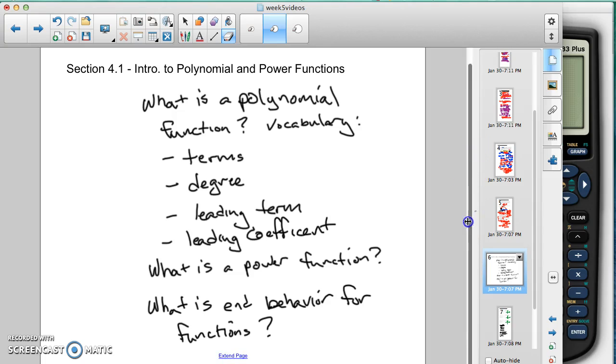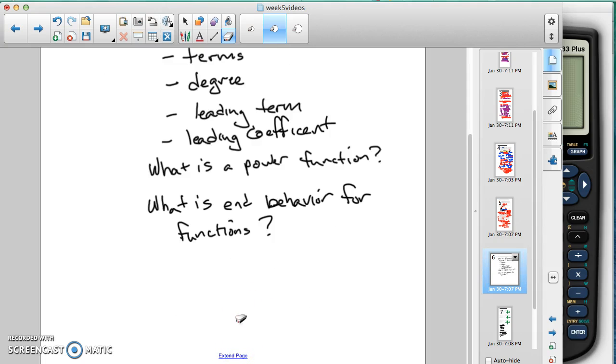Well, a polynomial function is a function that has variables to integer powers, and they have to be positive integer powers.